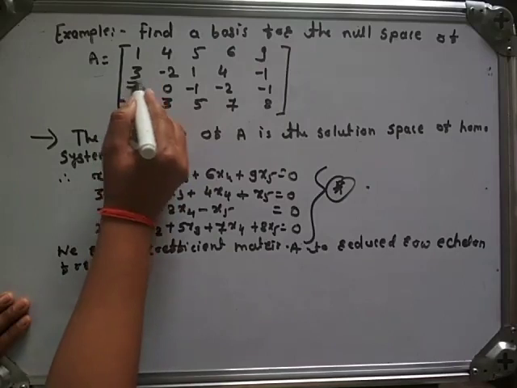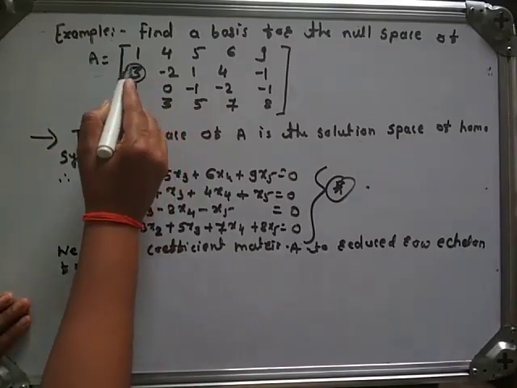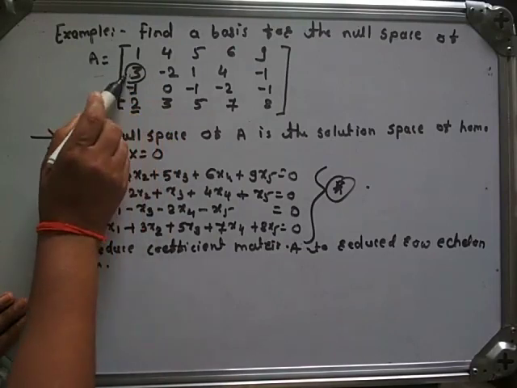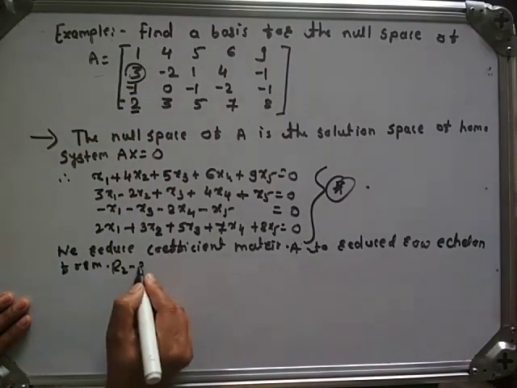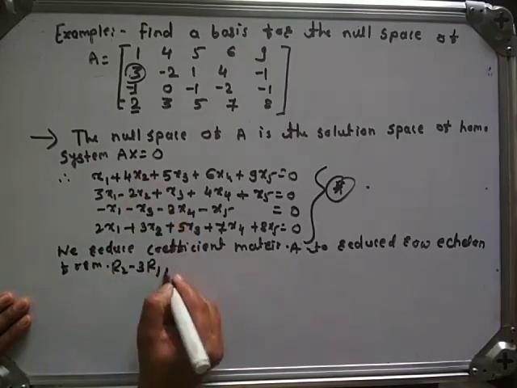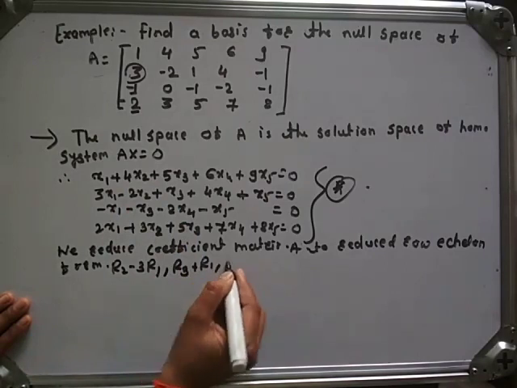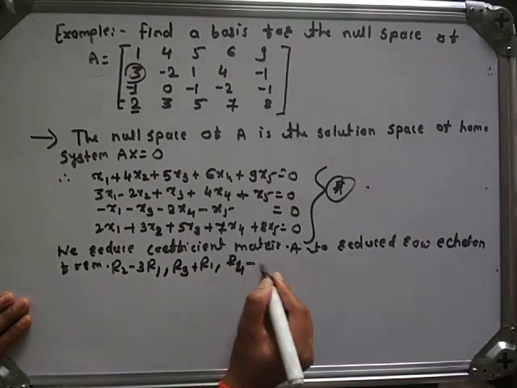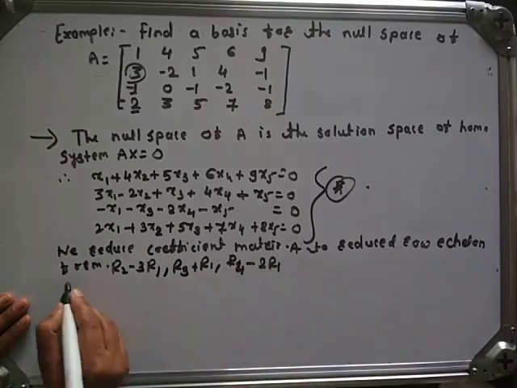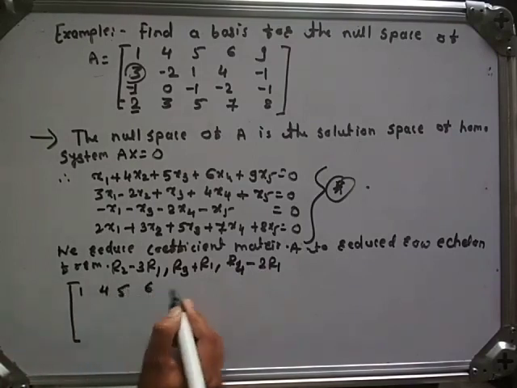See here students, here we require 0 here and here. For this we will perform the row operation R2 minus 3R1. Next R3 plus R1. And the next row operation will be R4 minus 2R1. So our matrix will become 1, 4, 5, 6, 9.